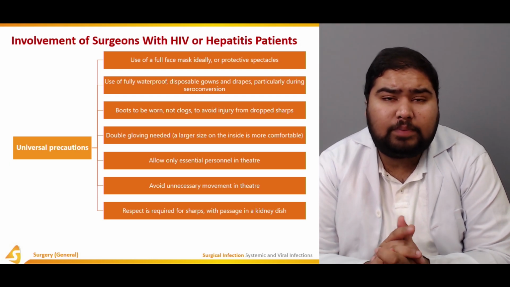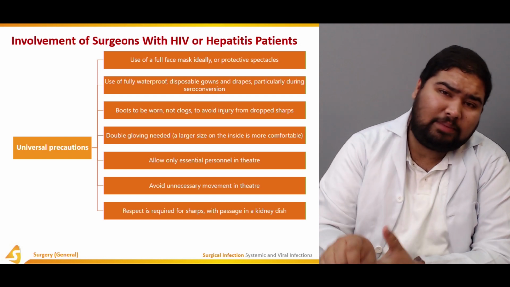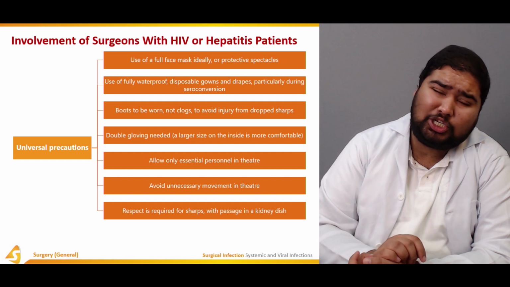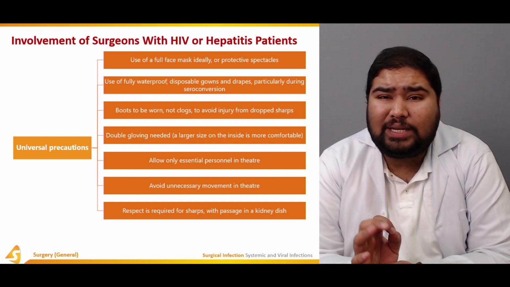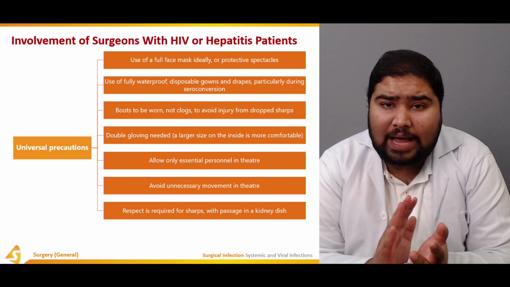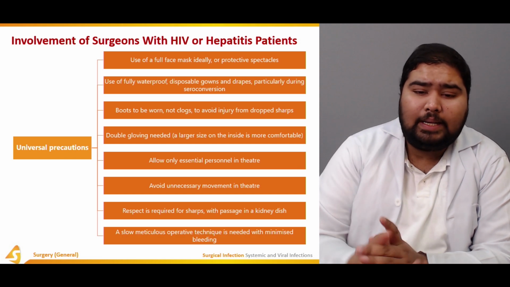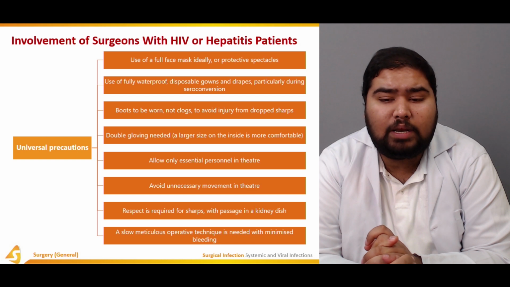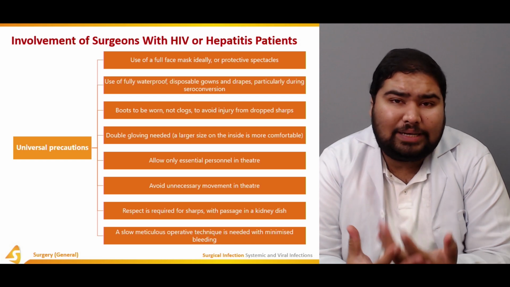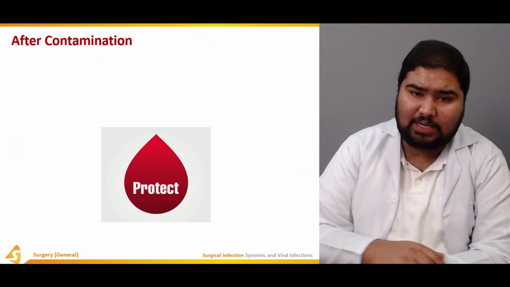Now, respect is required for sharps. You should always pass the sharps with a kidney tray. Always put them in a kidney tray and take them from a kidney tray, because a needle point injury can cross-contaminate and cause transmission of infection. Now, a slow, meticulous operative technique is needed with minimized bleeding. The lesser the bleeding, the lesser the chance of contracting the disease.